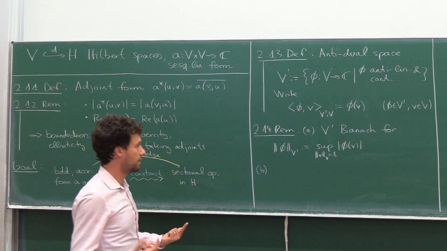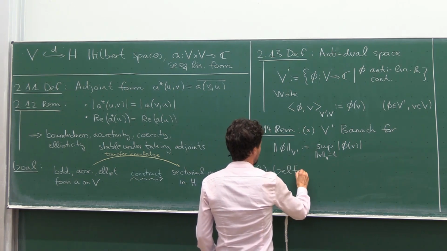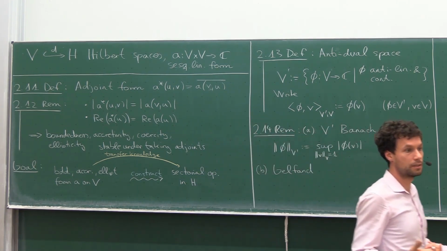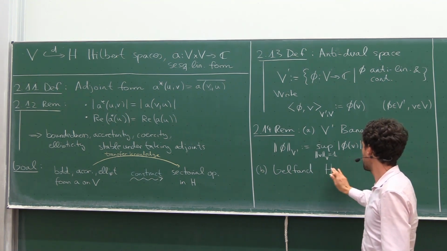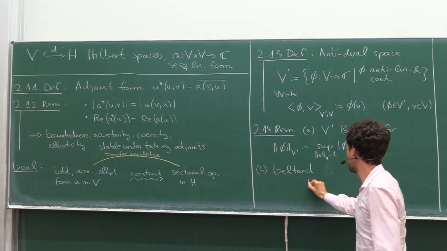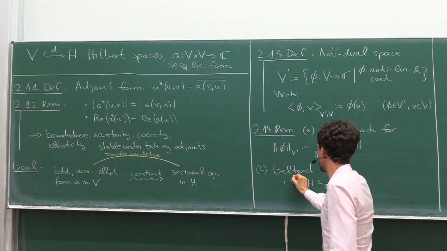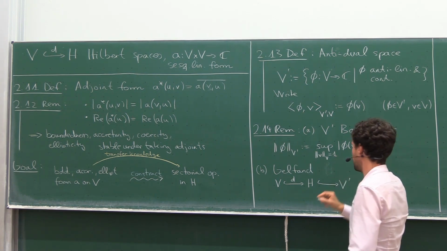The most important thing in this remark is that this V prime gives rise to something that one typically calls a Gelfand triple. So I'm claiming that H sits densely between V and V prime.